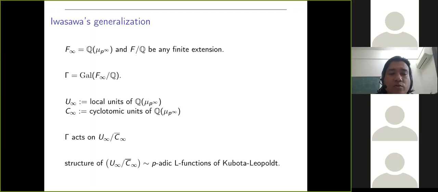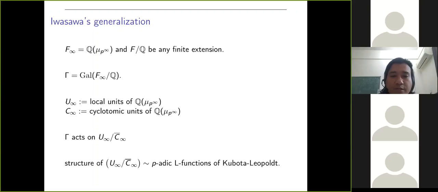U infinity will be the projective limit of all the units of all the possible subfields of F infinity over F, and C infinity will be the corresponding cyclotomic units there. Then one can show that this Gamma, the Galois group of F infinity over Q, is going to act on U infinity modulo the closure of C infinity.